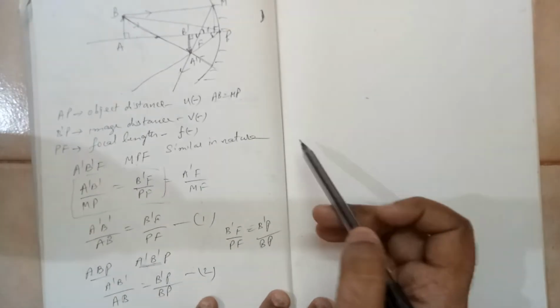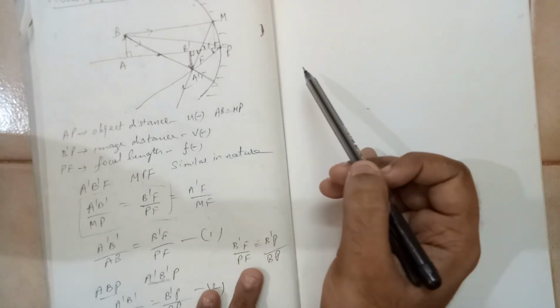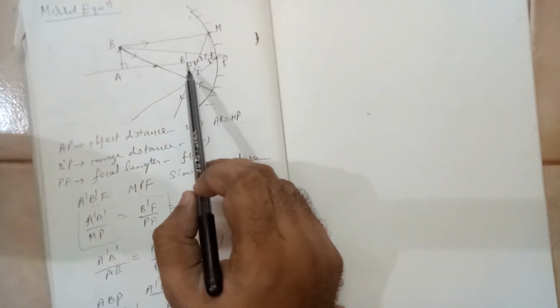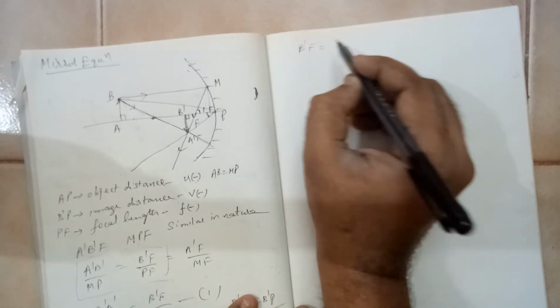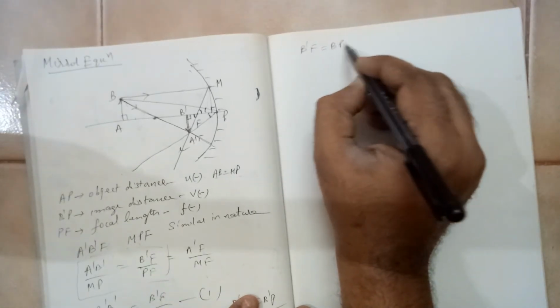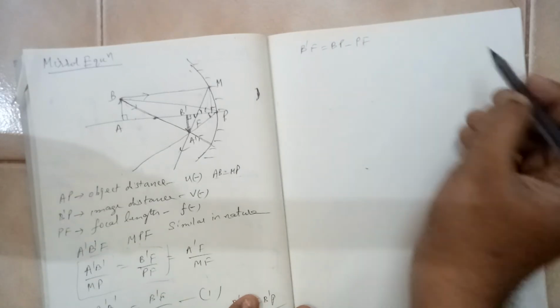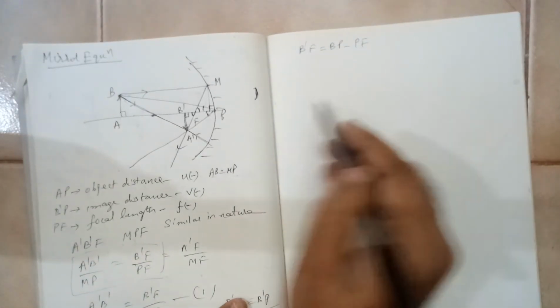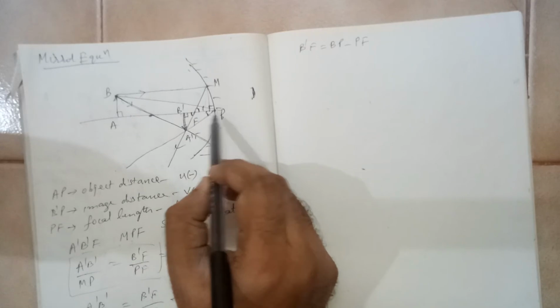If you look at B dash P and B dash F, what is B dash F? B dash F is equal to B dash P minus PF.